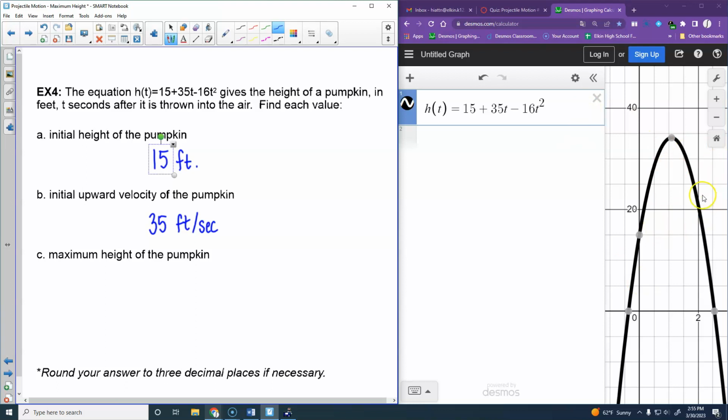On our Desmos graph here, we've got this upside down parabola right here. It's going to be at that highest point. Okay, so we've got 1.094 and then 34.141. Ian, which one of those is my maximum height? The y. So we're going to have 34.141 feet.